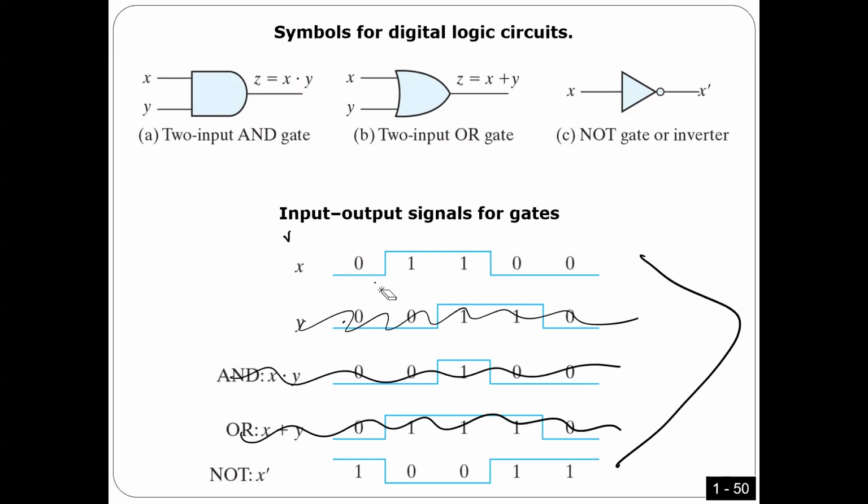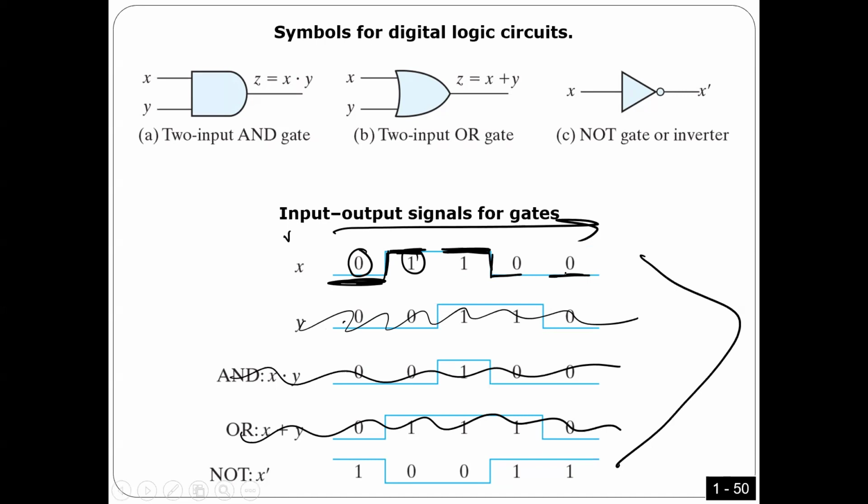During this period of time, the input was logic 0. At this moment, the input jumped to logic 1, and then at this time it becomes logic 0 again.